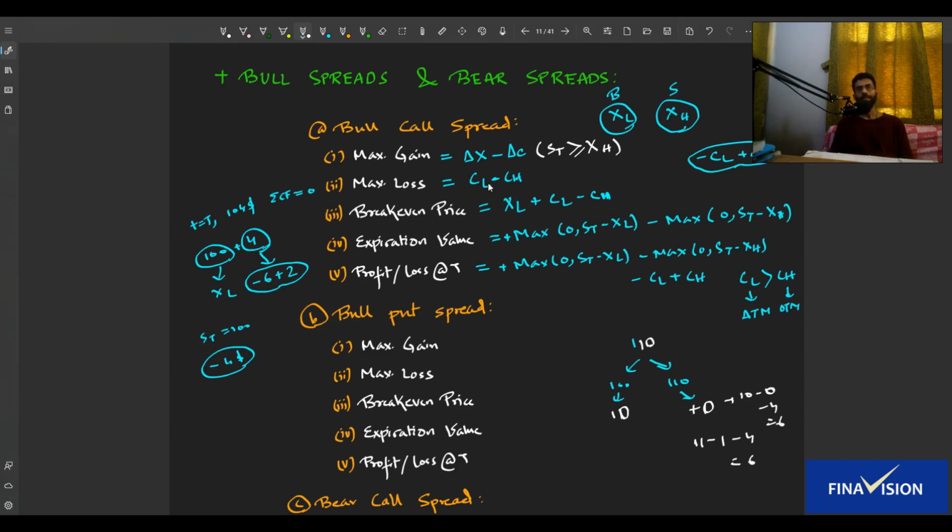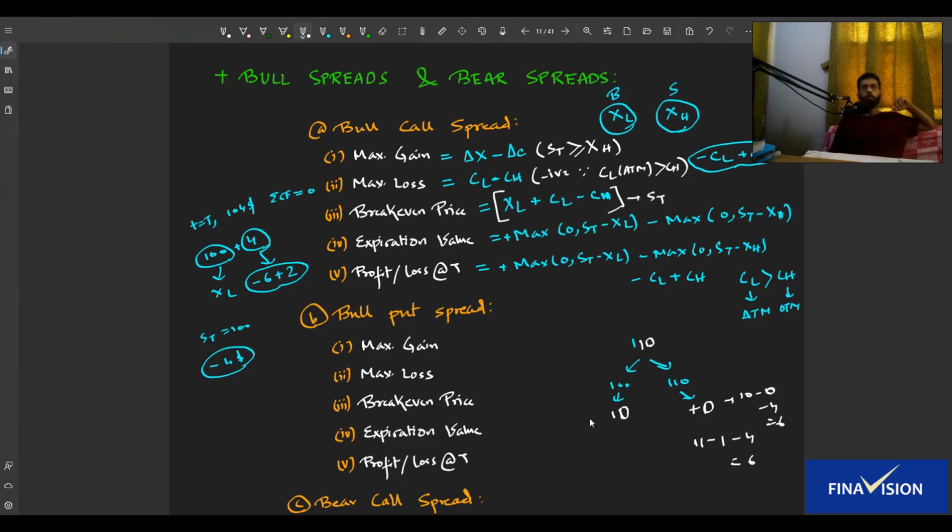And max loss is CL minus CH, this is negative, because CL is at the money and is higher than CH, right? Break even price occurs at the price of ST.